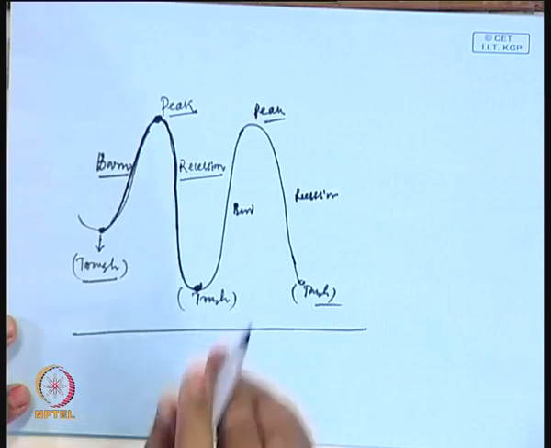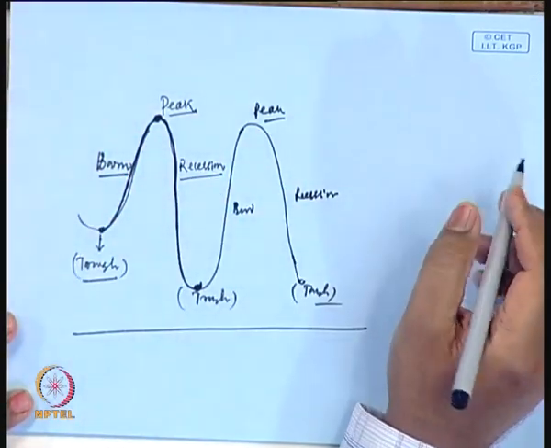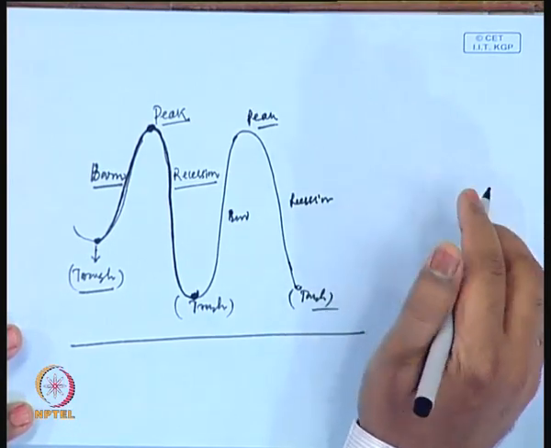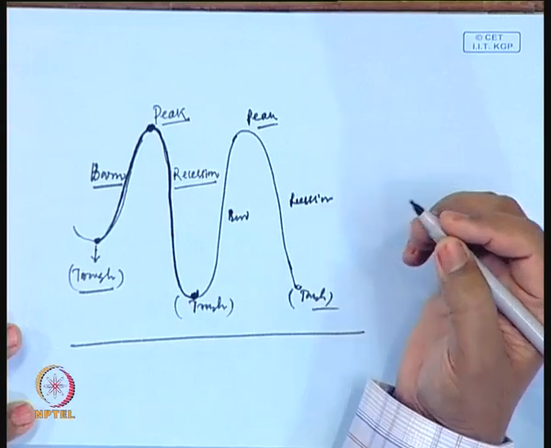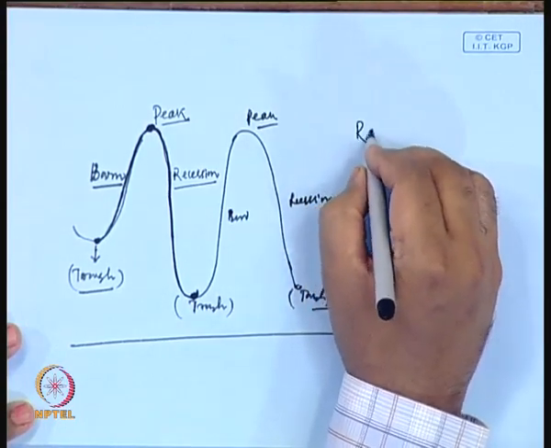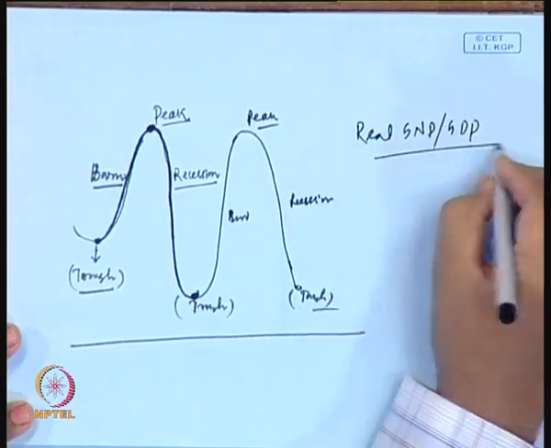So, these are the different cycles, and there are various parameters, various indicators through which we can identify the different periods, and one of the indicators is the real GNP or the GDP.